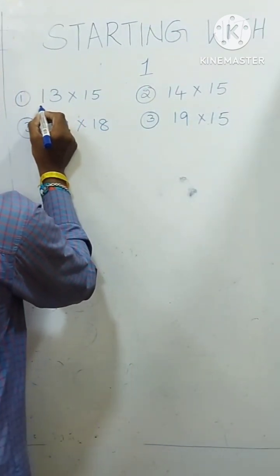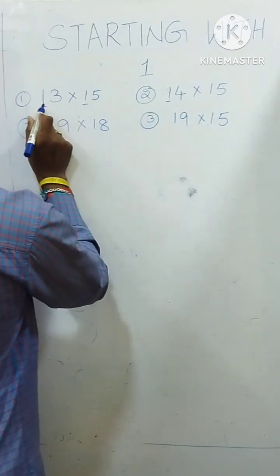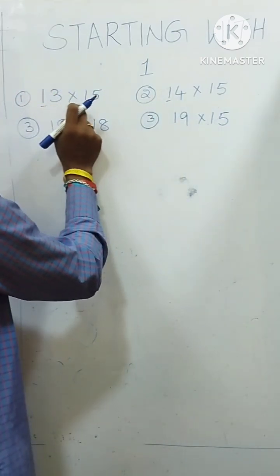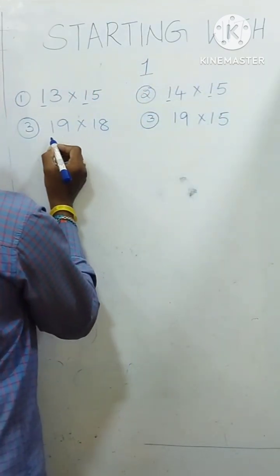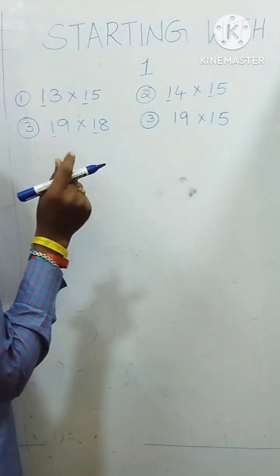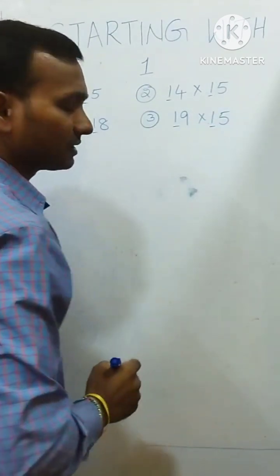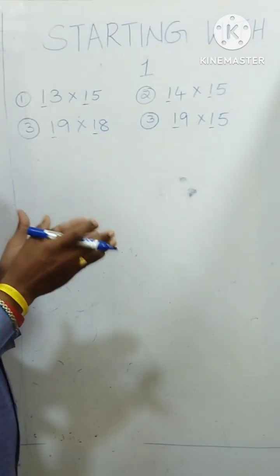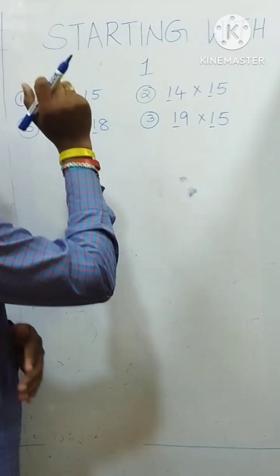See here, the numbers are starting with 1. 13 and 15 starting with 1. 14 and 15 starting with 1. 19 and 18 starting with 1. 19 and 15 are starting with 1. So, how to do the multiplication of these numbers which are starting with 1?